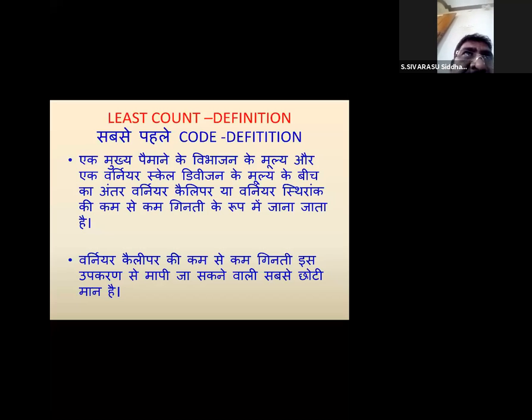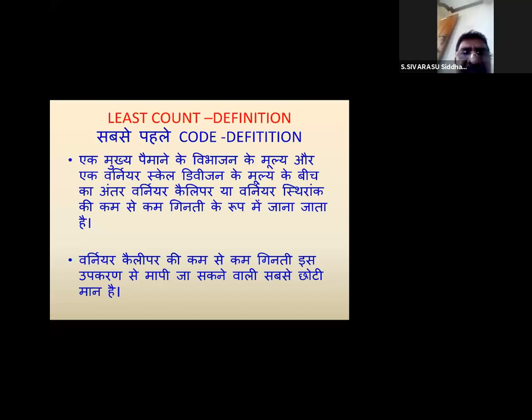For example 0.1 mm, 0.01 mm, 0.001 mm, 0.02 mm. The smallest value we are going to take, that is the least count.